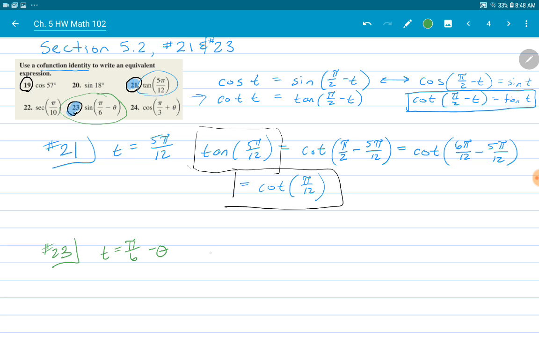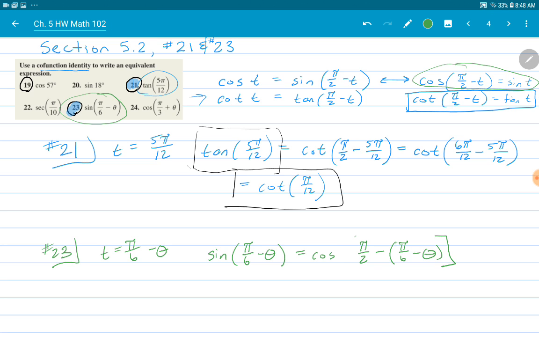And we have sine of that t, sine of t equals this. So I can write it as cosine of pi over 2 minus t, that's minus pi over 6 minus theta.